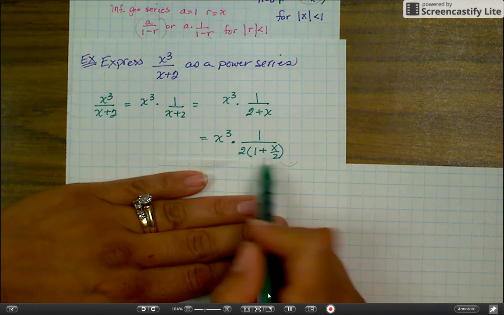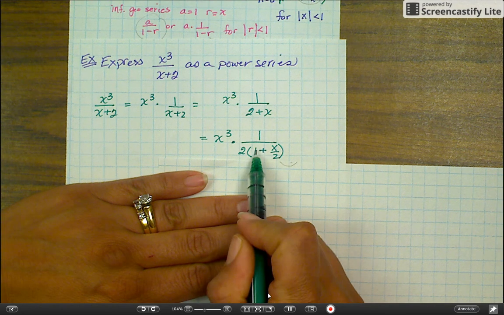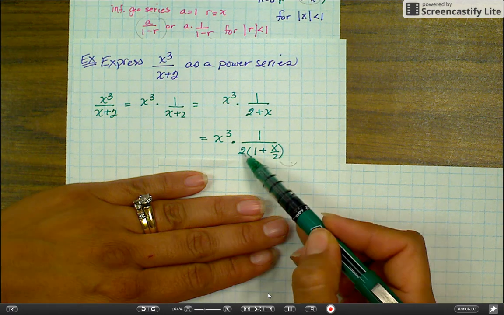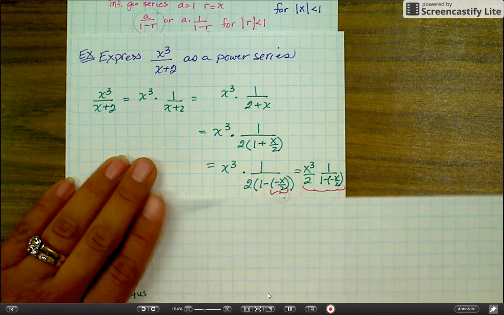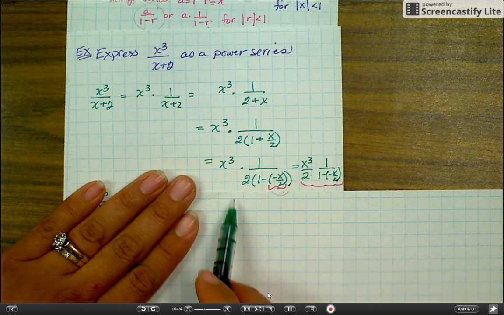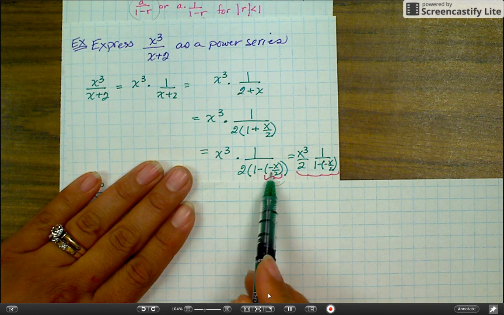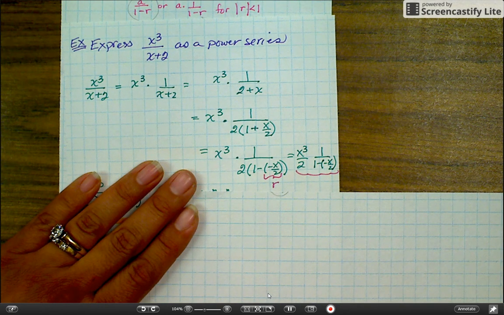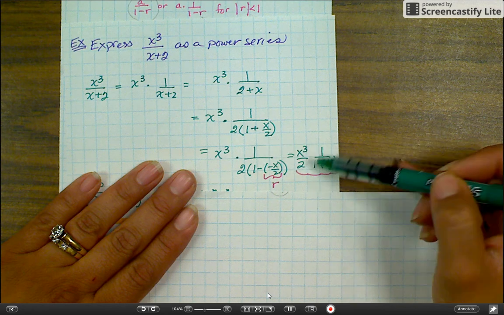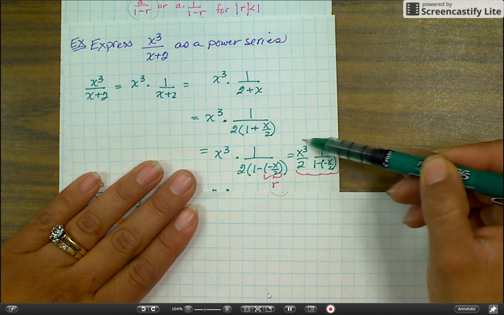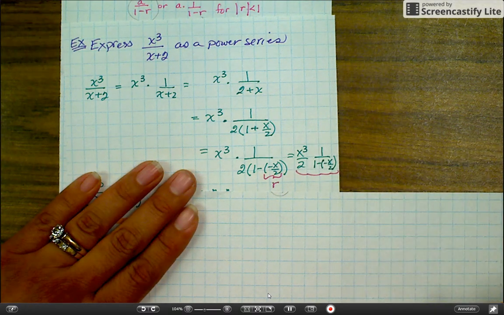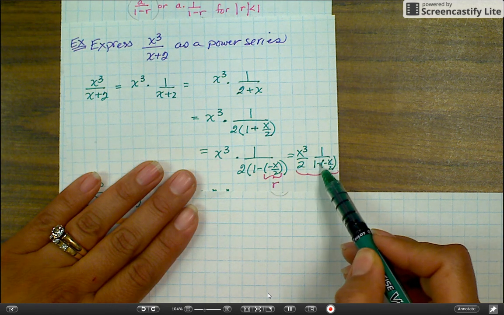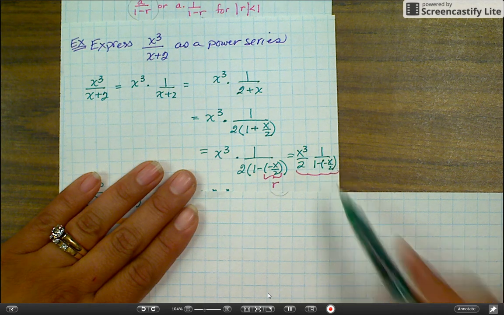When I factor out a 2, I have 2 times the quantity 1 plus x over 2. Now I can factor out that 2 as a 1/2, and turn this into a minus x over 2, which is my r. I took out the 1/2, so now I have x cubed over 2 times 1 over 1 minus negative x over 2.